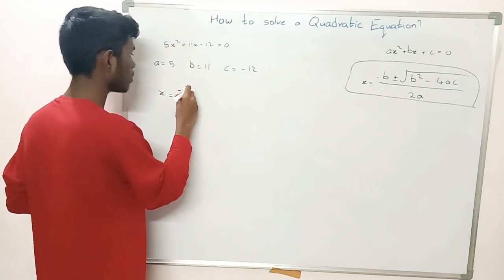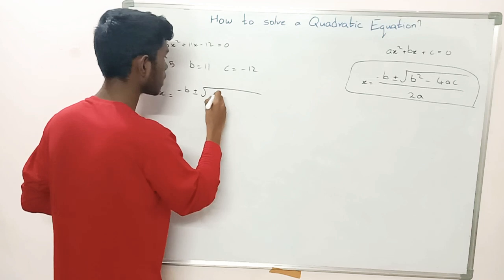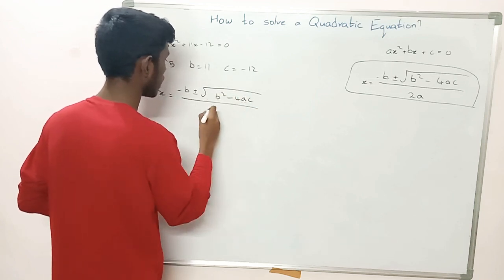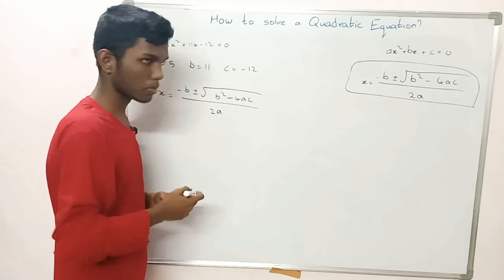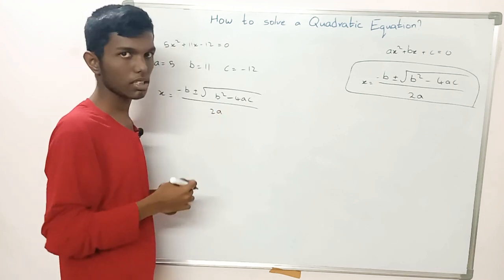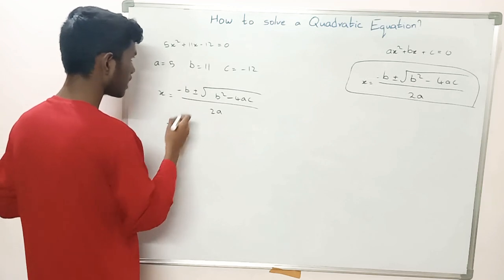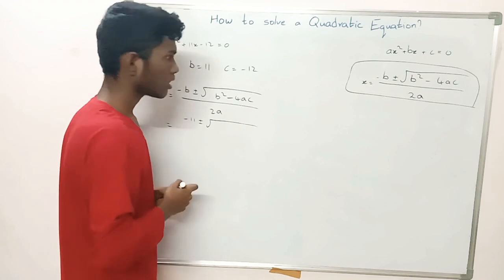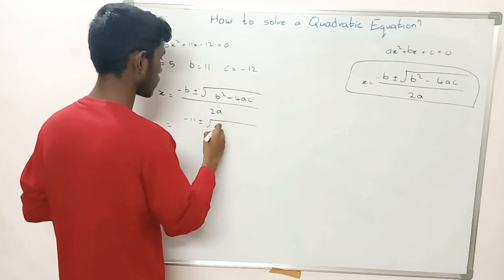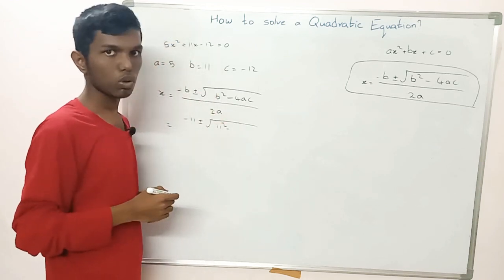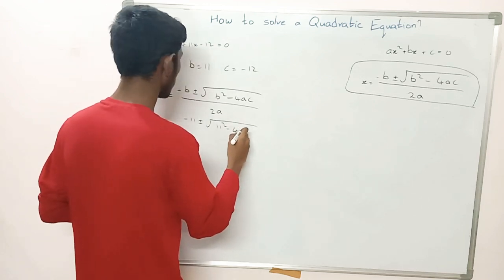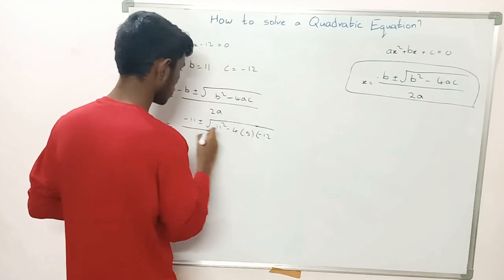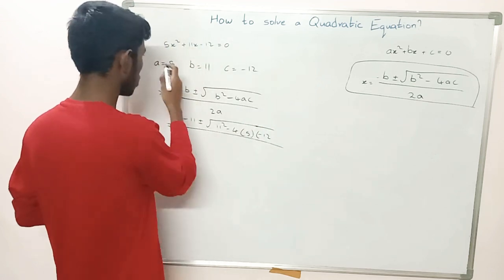Just substituting the values in the given equation, and the remaining part is all calculation. x equal to minus b plus or minus under root b square minus 4ac by 2a. Minus b is minus 11 plus or minus under root 11 square minus 4ac, 4 into 5 into minus 12, by 2a, 2 into 5.